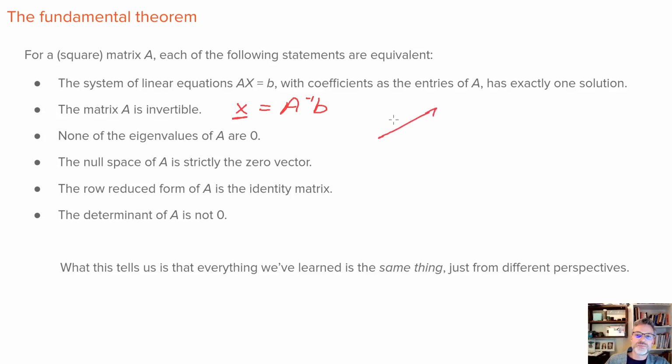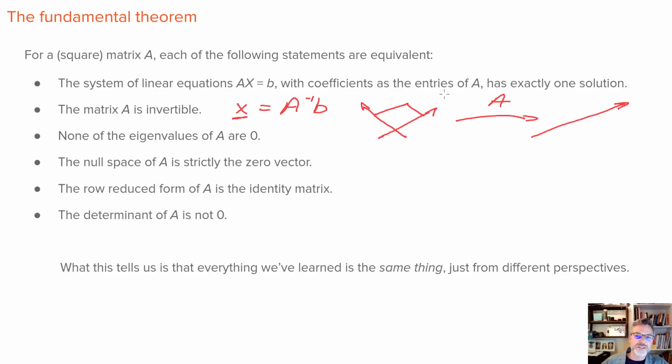But you could imagine, I'm going to draw some funny axes here, that A, if it transforms a space and it collapses that space down, then that original unit square in that space goes down here to volume 0. And remember that the volume of that unit square under this matrix transformation is the product of the eigenvalues of A. So if this goes down to 0, it's this situation that we collapse the plane like this from 2 dimensions to 1 dimension.